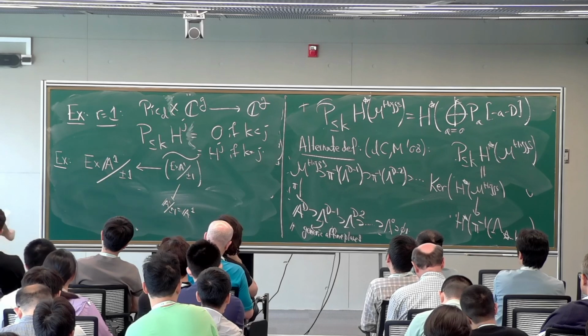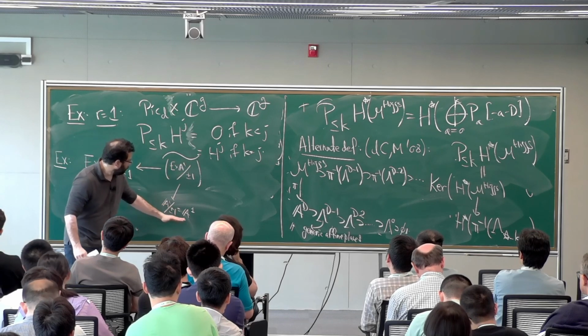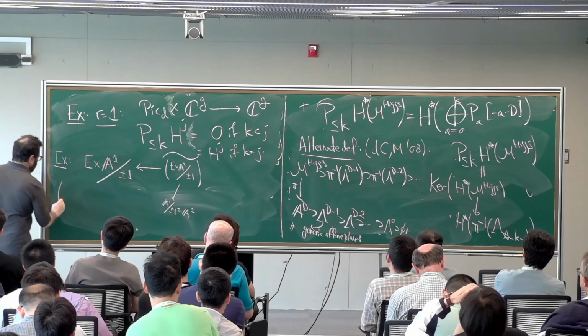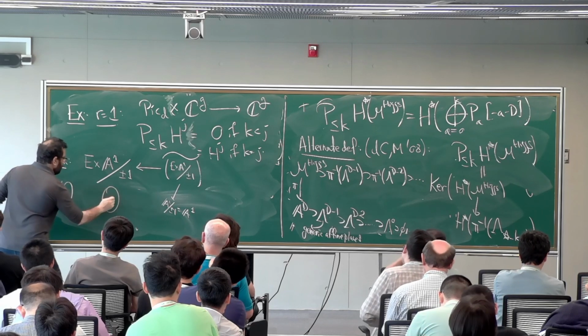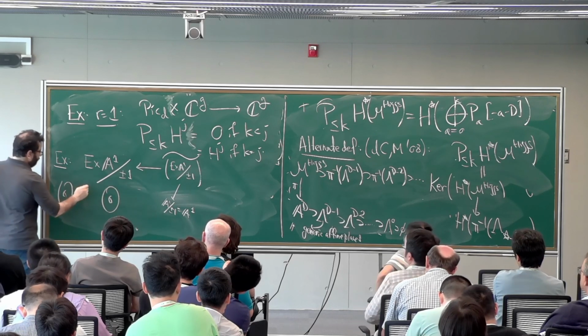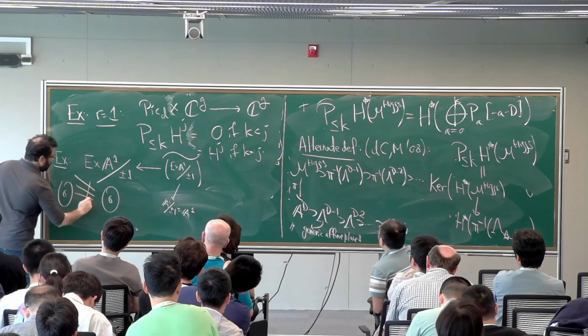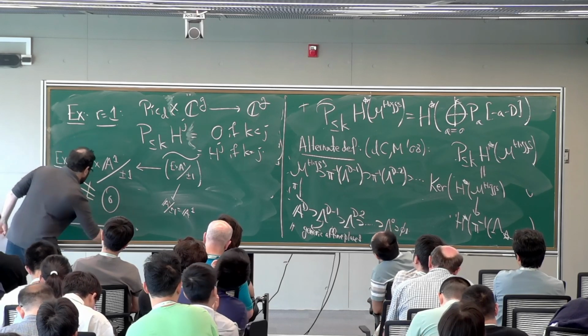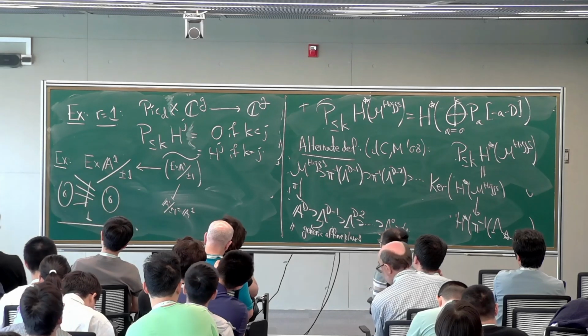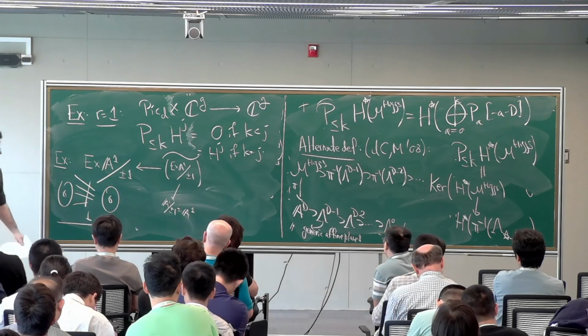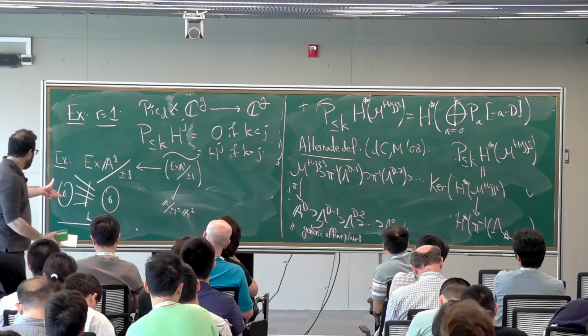And concretely, what this looks like is that this is going to be an elliptic surface over A1, where all the fibers are the same, except for the central fiber, which looks like this. So what does the cohomology of this look like?